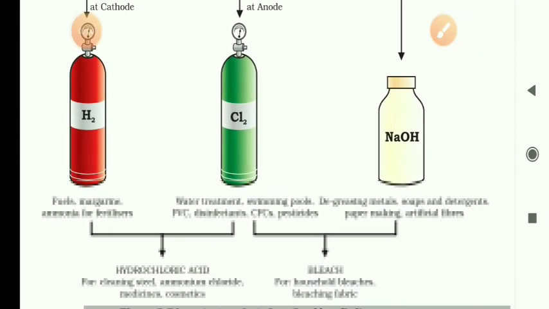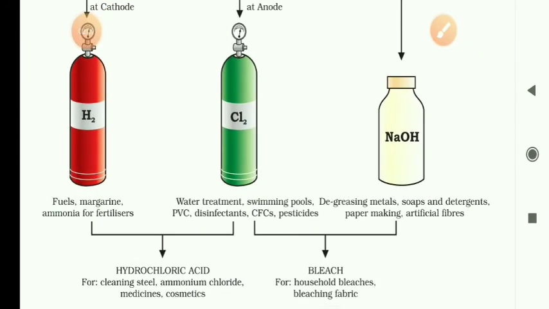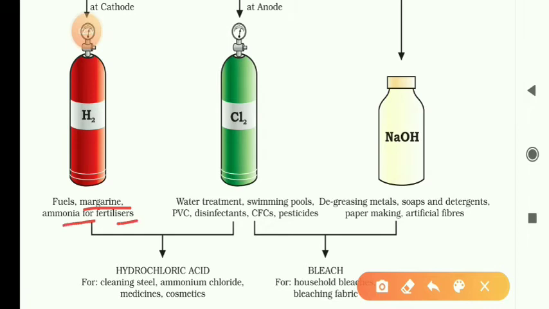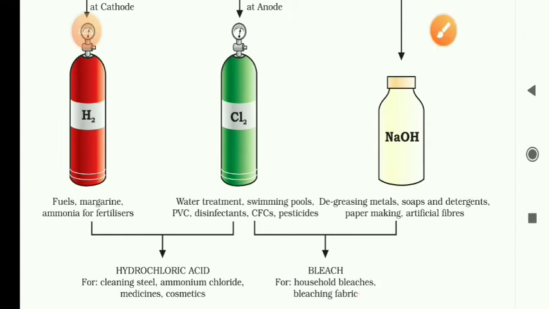For example, hydrogen is used as a rocket fuel, in the hydrogenation of vegetable oils to make margarine, and also in the preparation of ammonia fertilizers.